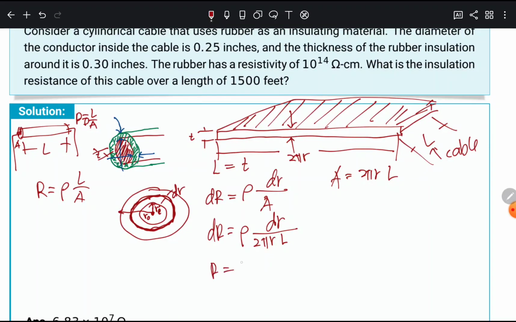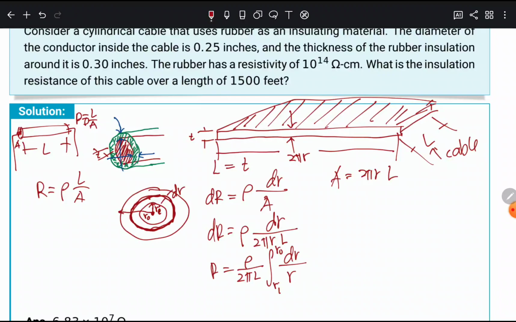So R will be, we have a constant rho, the resistivity of the insulator, and the length is also constant, and we can just remove that 2 pi l, and we can just retain dr all over r. And our limit will be from the inside radius to the outside radius.